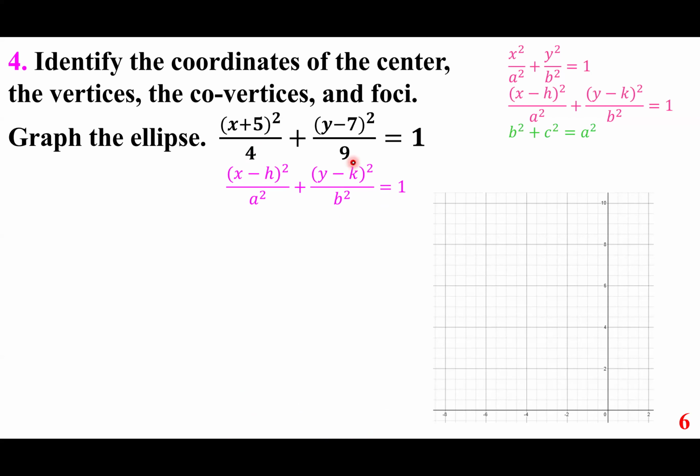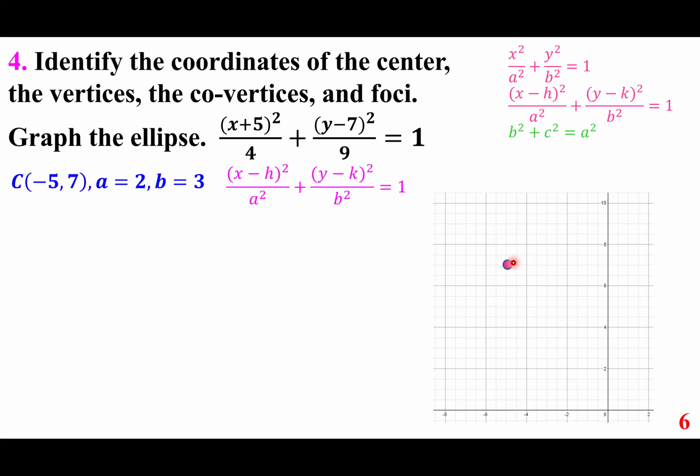So those are obvious, right? So we can put in the center 5 to the left, 7 up. 5 to the left, this is -4, this is -6, so in between. And this is 6 and 8 in between, so it's the center.